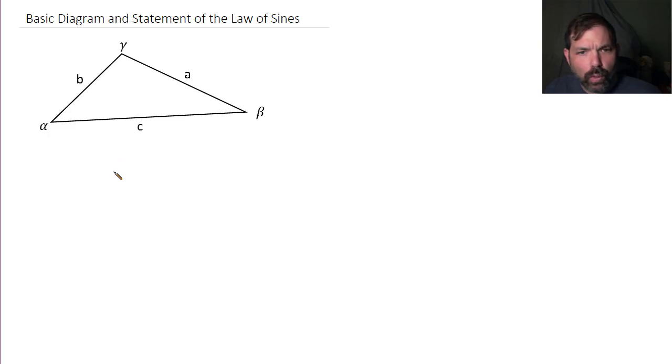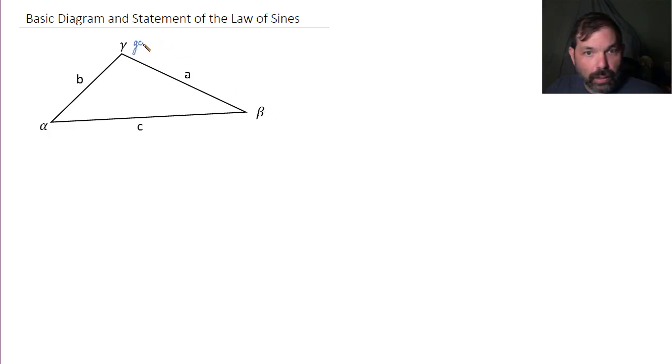So, for the course, here's the basic diagram we're going to be using for our oblique triangles. The sides will be our English letters a, b, and c, and the angles will be denoted by the Greek letters alpha, beta, and gamma.